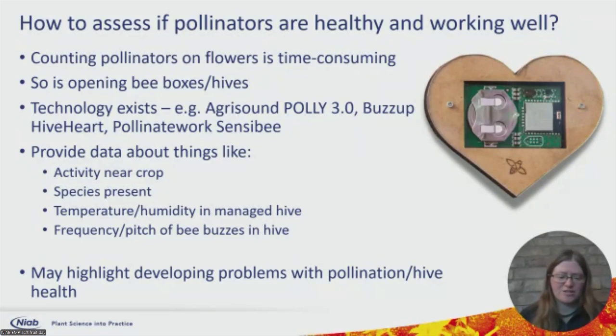So the Hive Heart device in the top right is something that I've been working with a little bit, and it's been giving some really interesting information along those lines. We know that in honeybees, the buzz frequency is quite important because it can indicate either that the queen's died or that the colony is about to swarm. We don't know if this is important in bumblebees. So all of this may highlight developing problems before it starts to translate into an issue for the crop.